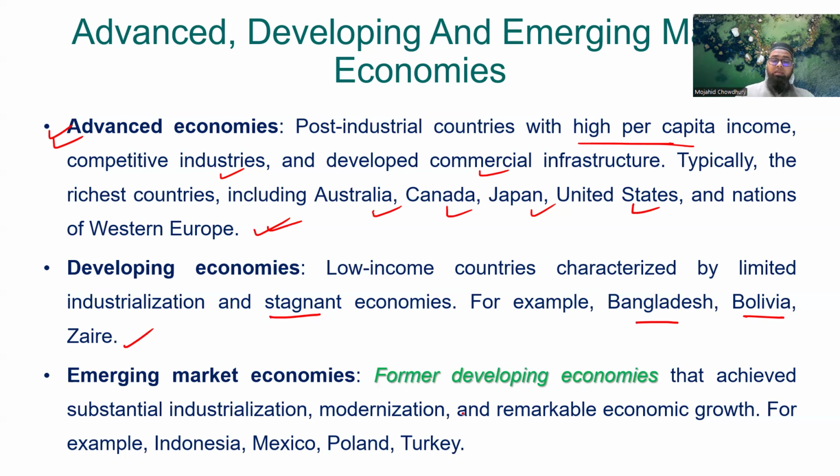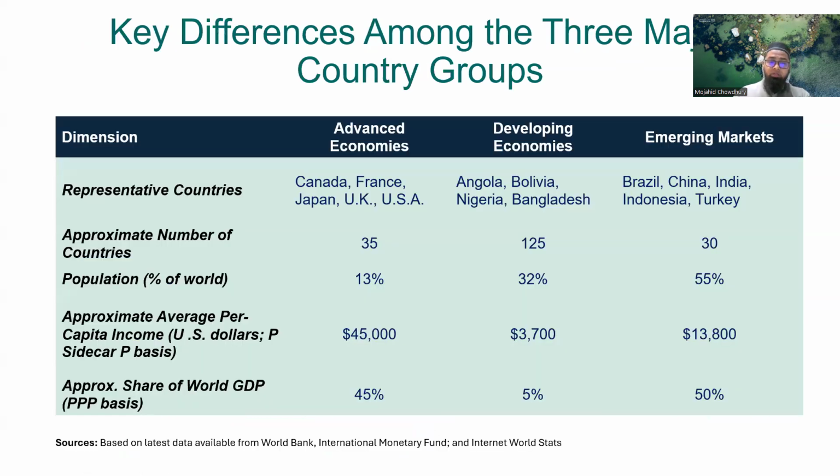It was mostly the former developing countries, and then it has achieved substantial industrialization over time, and modernization in their industrial system, banking system, transportation system, and remarkable economic growth. For example, Indonesia, Mexico, Poland, Turkey. These are some of the example countries for emerging market economies.